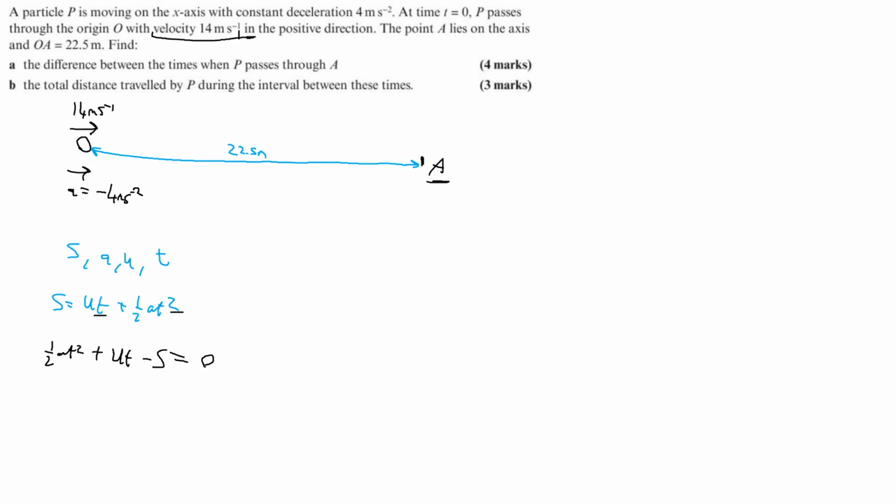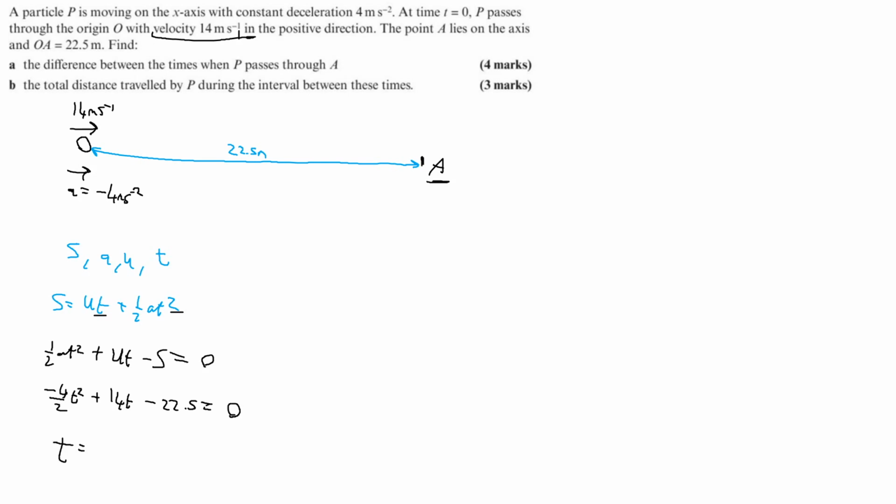And now we can plug in our values. So, minus 4 over 2 t squared plus 14t minus 22.5 is equal to 0.